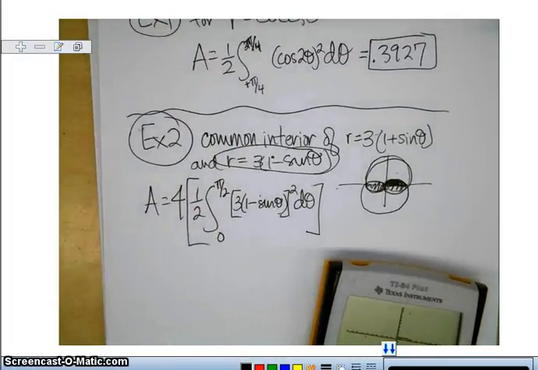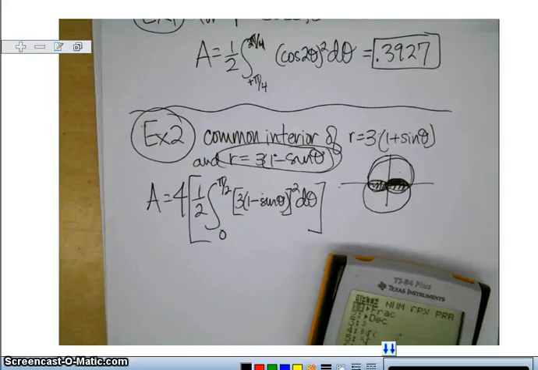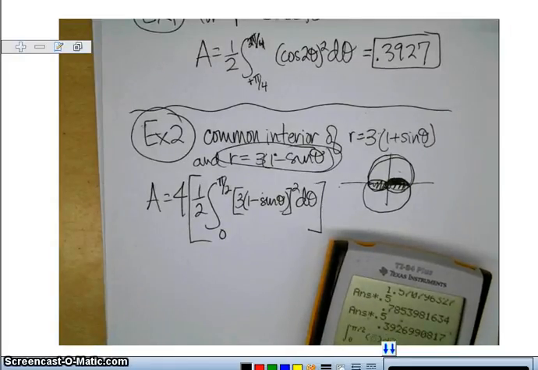What do we do from here? Calculator? Yeah. Zero to pi divided by 2. All right, I'm going to hit begin parentheses, 3, parentheses, 1 minus sine theta, parentheses, squared.